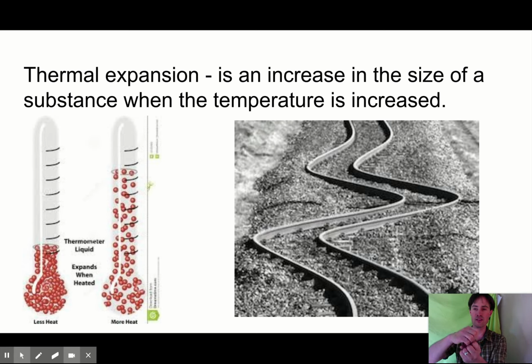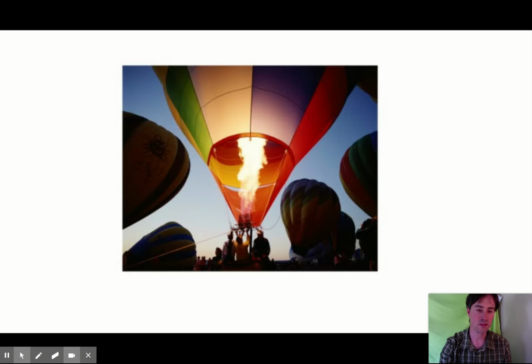As they warm, the fluid in there expands and rises with more thermal energy. It's also how hot air balloons work: the hot air causes the air inside the balloon to expand and its density to decrease, with some air expanding out, allowing the hot air balloon to carry people and rise.